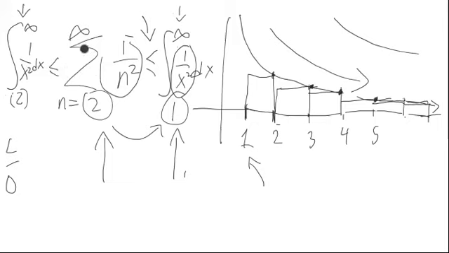Now, what if this diverges? Well, if this diverges, then this is bigger than it, so this will also diverge. So we get exact equivalence of convergence and divergence of this series and either this or this integral.